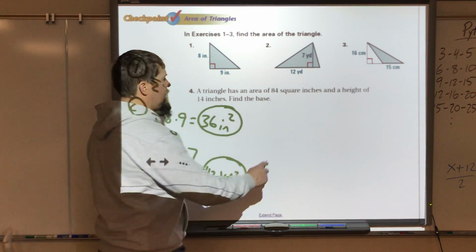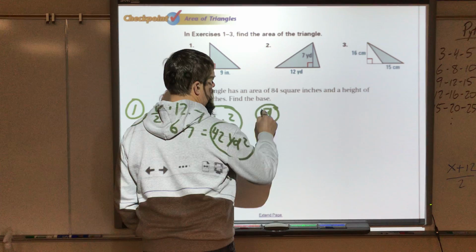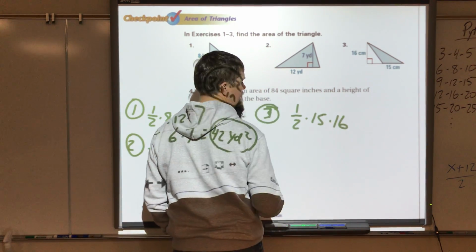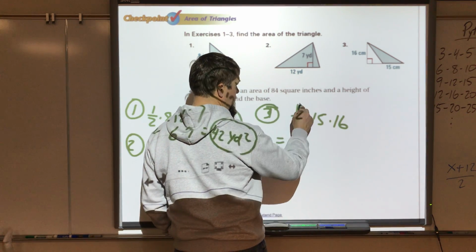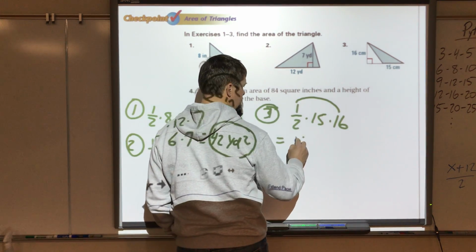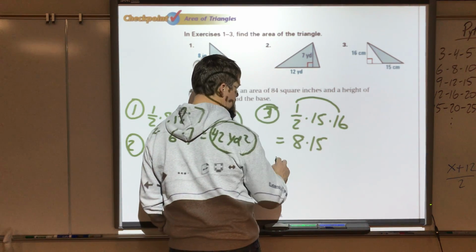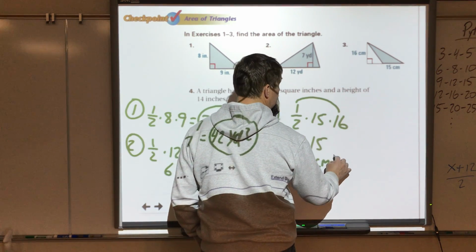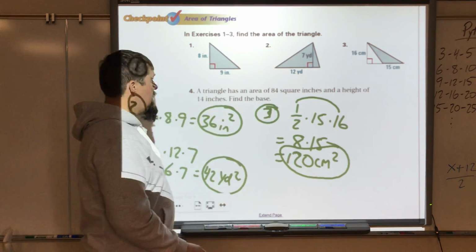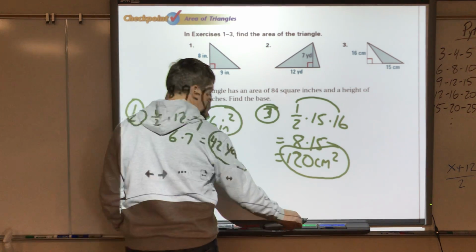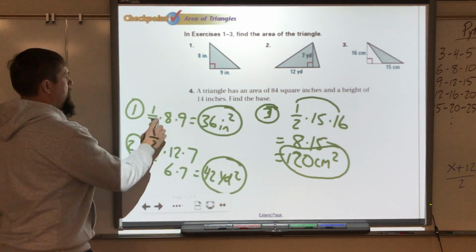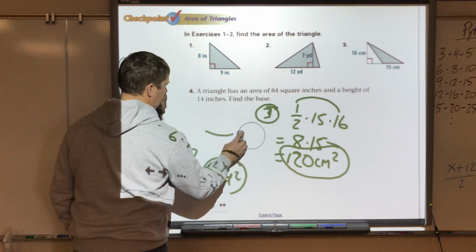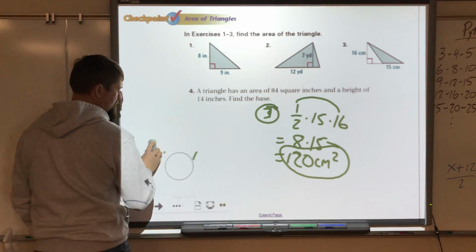Number 3 is 1/2 of 15 times 16, which is, if I wanted to, I could take 1/2 of 16 first to get 8 times 15, which is 120 centimeters squared. Let's go ahead and erase this and do number 4.